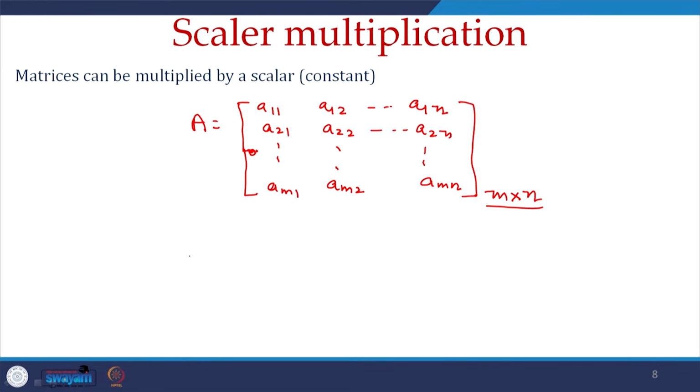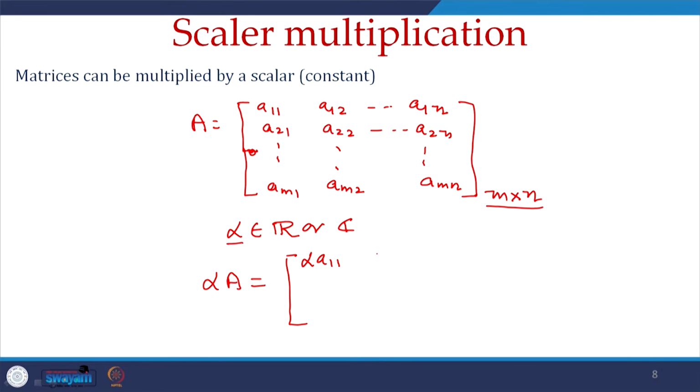Now, if I take a constant alpha, which is a real number, or it may be a complex number also, so it is a scalar, then alpha times A will be obtained by multiplying alpha into each and every element of this matrix.